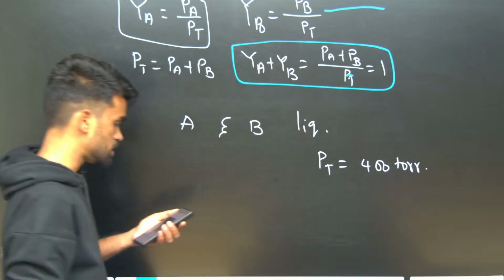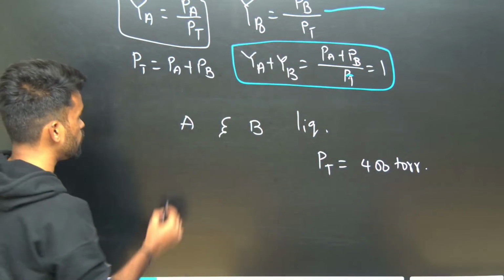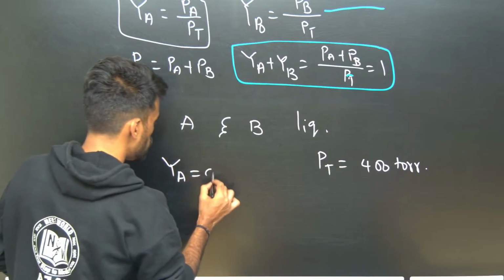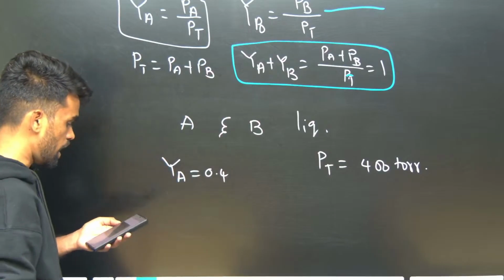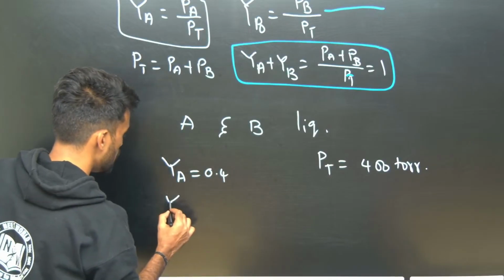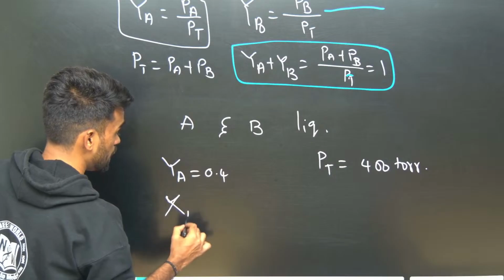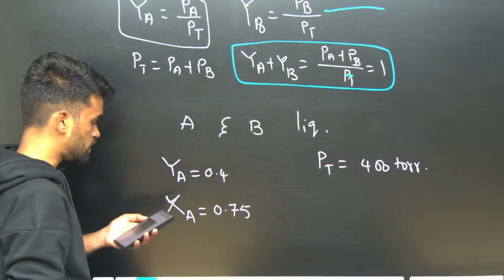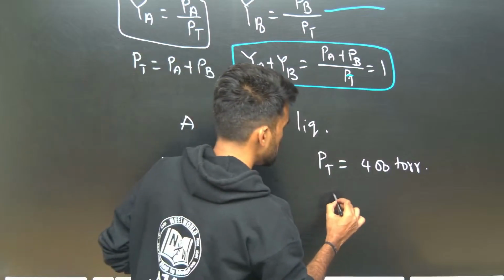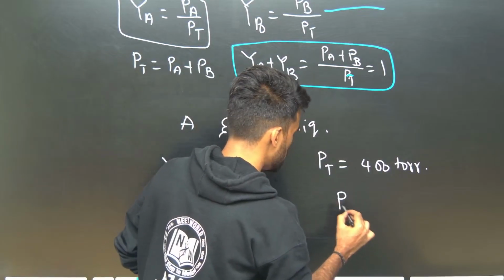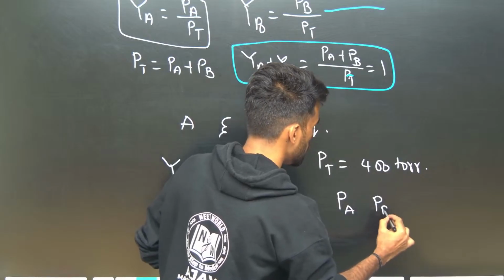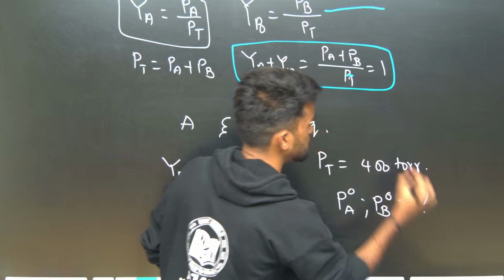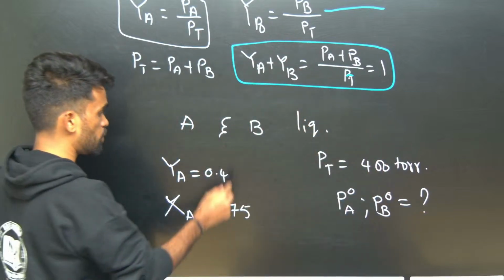The mole fraction of A in the vapor phase is given as 0.4, and the mole fraction of A in the liquid phase, XA, is given as 0.75. They are asking what is the vapor pressure of A and B in their pure state.